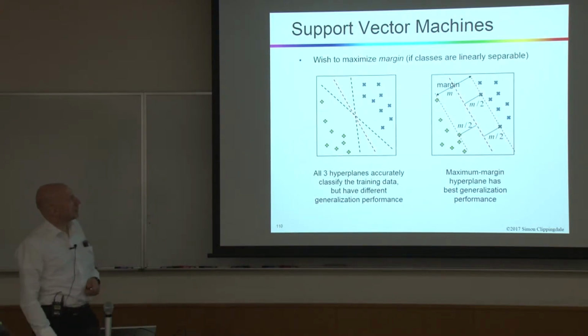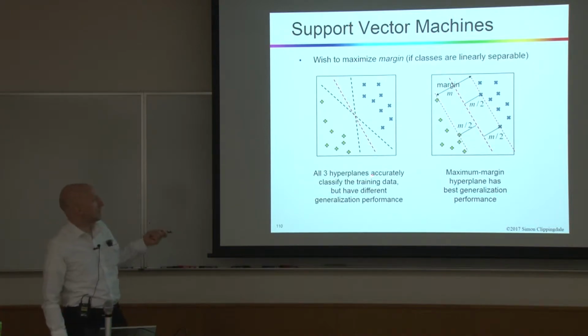Okay, so the object of a support vector machine is, here we've got some linearly separable classes. This is now supervised learning, so we've got class labels on our training data. You can see here these classes are linearly separable, and any of these hyperplanes here would do it. But they have different generalization performance when new data comes in.